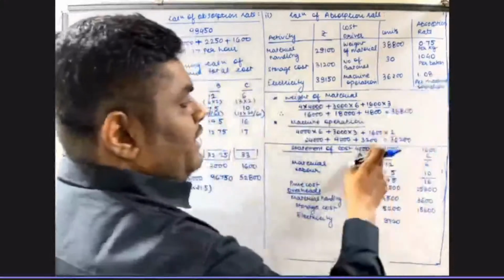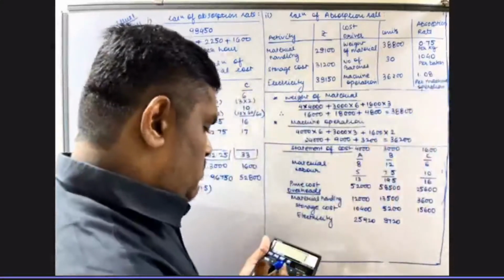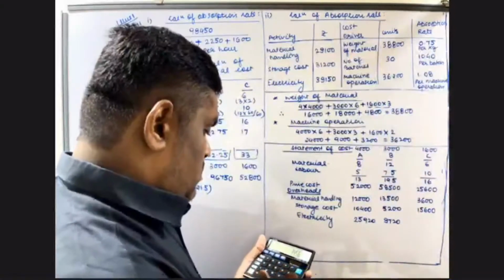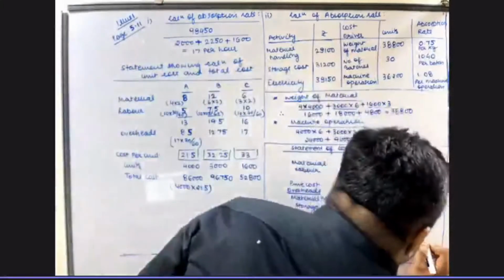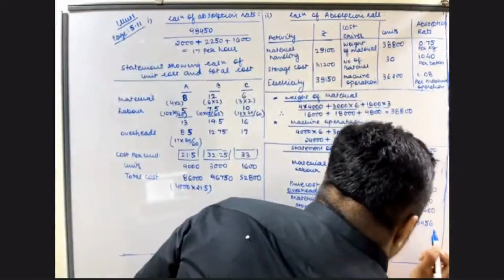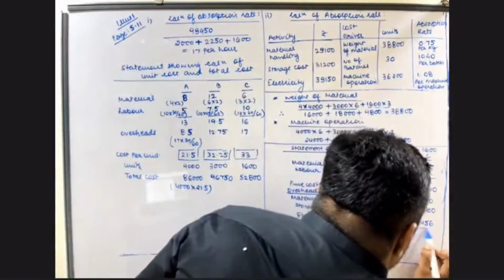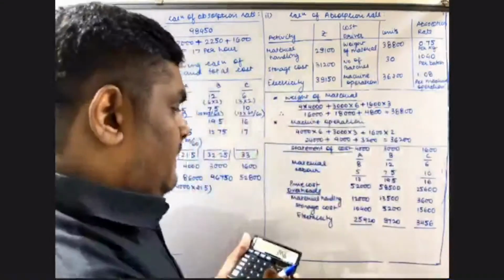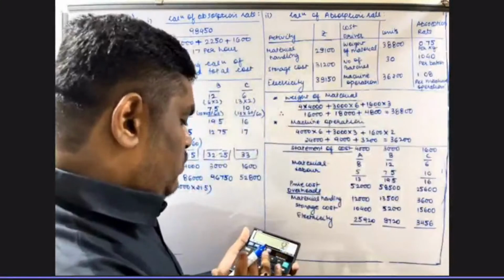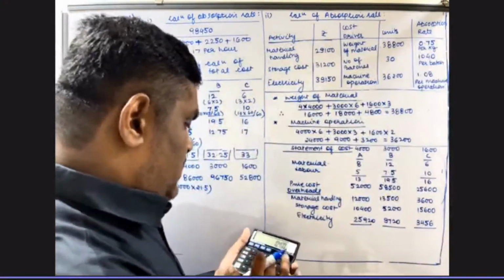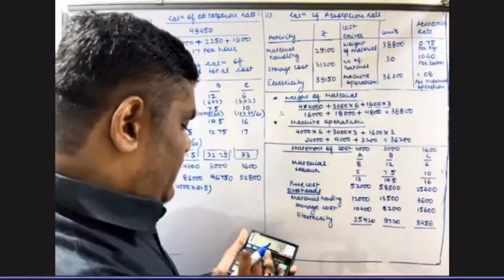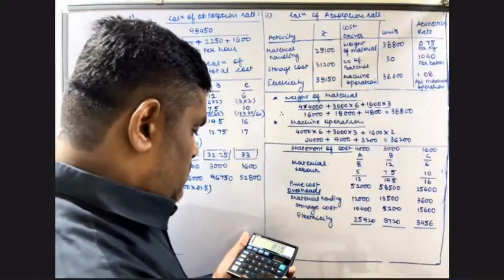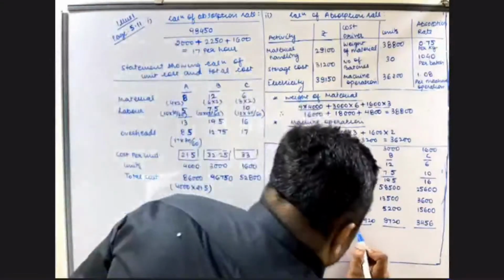And 1.08 into 3,200. So this will be 3,456. So 52,000, 10,425, 920. 88,320.